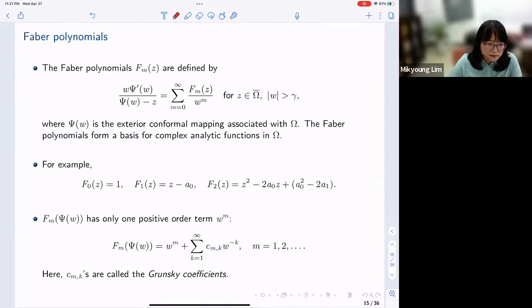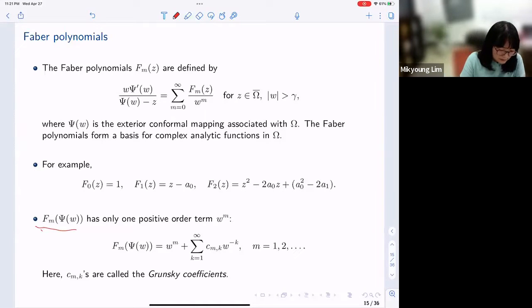And the Faber polynomial has a very convenient property, that is, composition with psi has only one positive order term, W to the m. So F_m composed with psi(W) equals W to the m plus negative order terms. And the negative order coefficients are called the Grunsky coefficients.